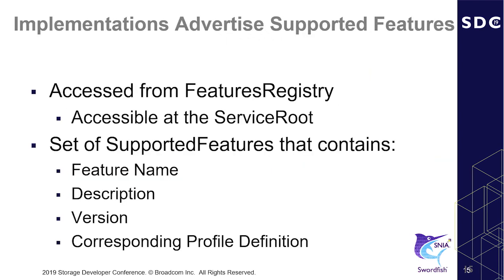All right. So I've said a lot of the framework for this, but we haven't really described them yet. When an implementation goes to advertise features, it advertises them through the features registry, and it advertises the list of supported features. These are the features it is currently able to support. That includes this set of properties: feature name, description, the version, and a pointer to the corresponding profile definition. This whole thing, for anybody who's really familiar with Redfish, is a derivation of the message registry.